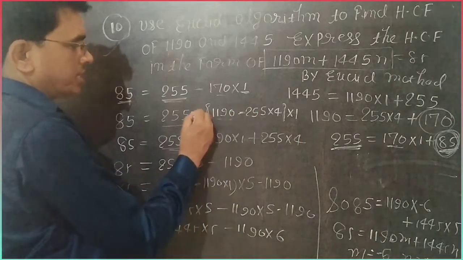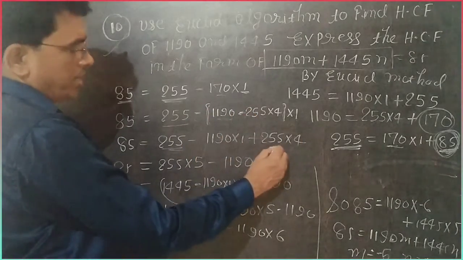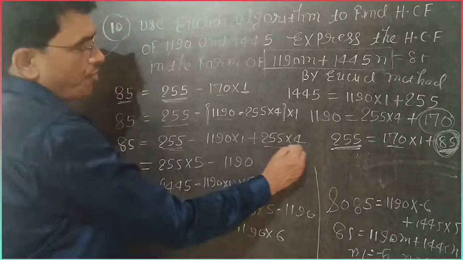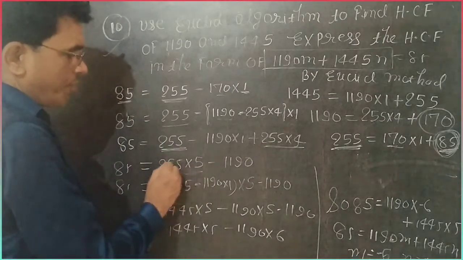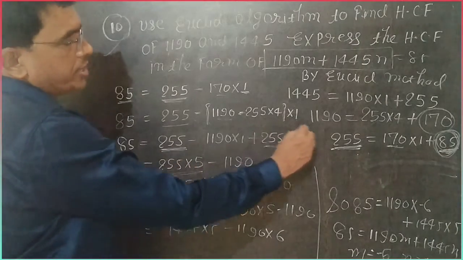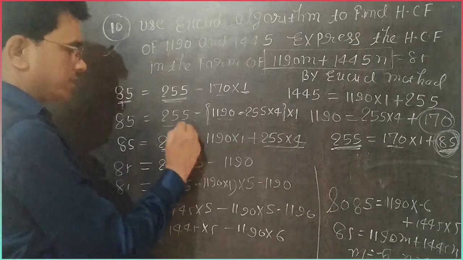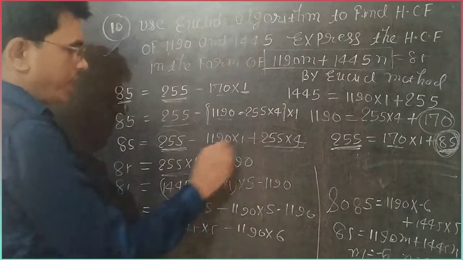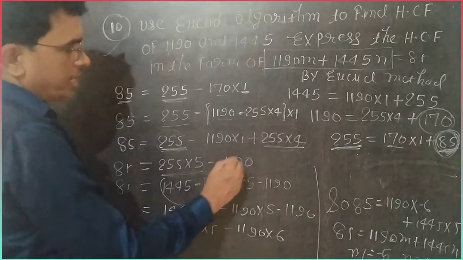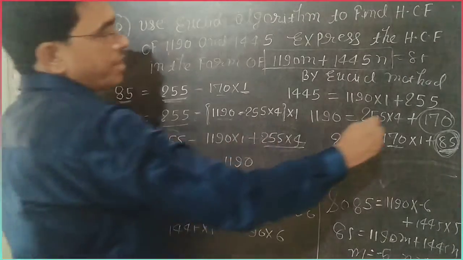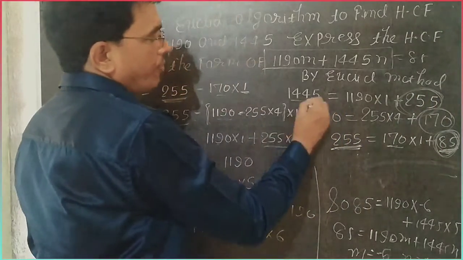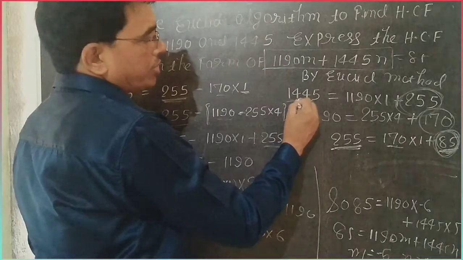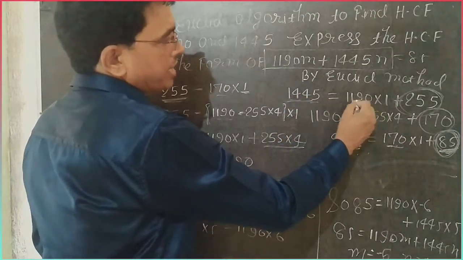Here is minus and there minus, so minus minus is plus. Now arrange it. Here is 255 into 4 and here is 255. Then it is clear 255 into 5, because here is 4x, here is x, then 5x. So you write 255 into 5 minus 1190. Last step, what is the value of 255? 255 is equal to 1445 minus 1190.